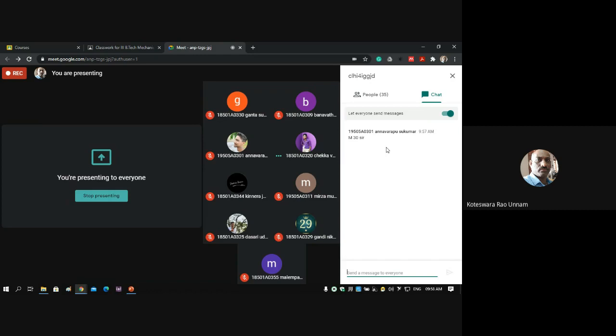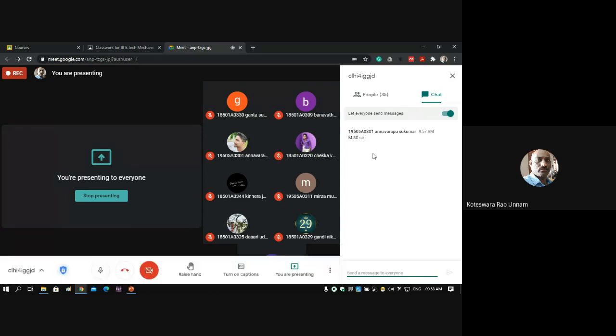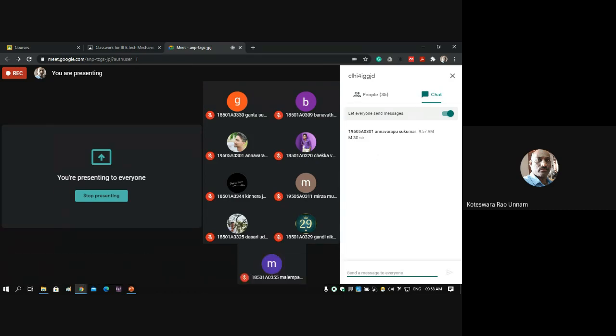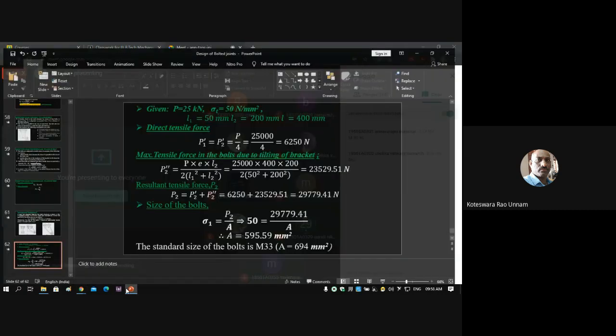Not only the answer, you need to tell that answer also. M30, what is the area for M30? It is 561 only. What is the area required for you?